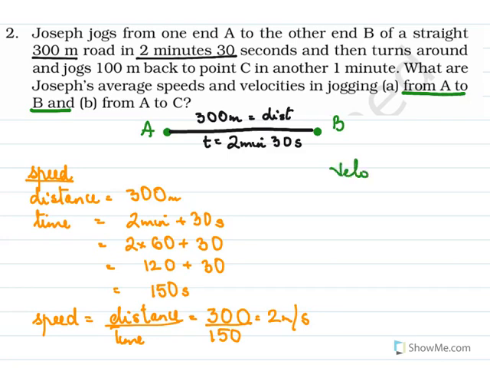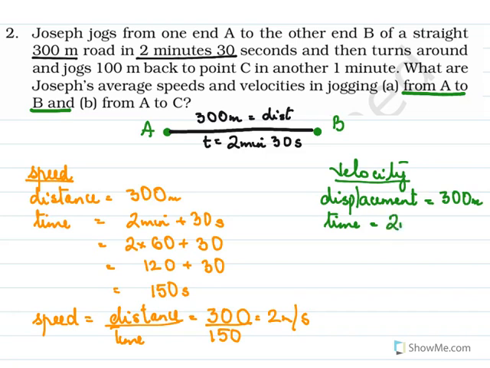Now to find velocity, we need to know displacement. Displacement is the distance between the initial and the final position, and it's very clear here the displacement is AB, which is 300 meters. And the time taken for him to go from A to B, we've already calculated, was 2 minutes and 30 seconds, which is 150 seconds.